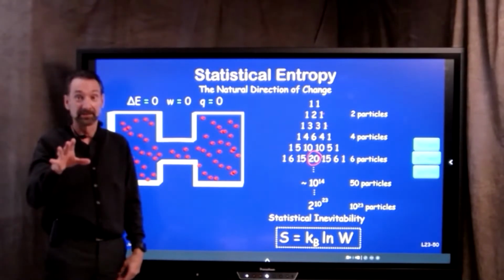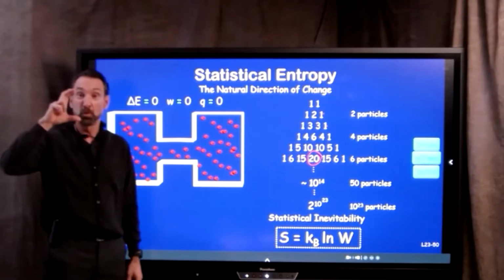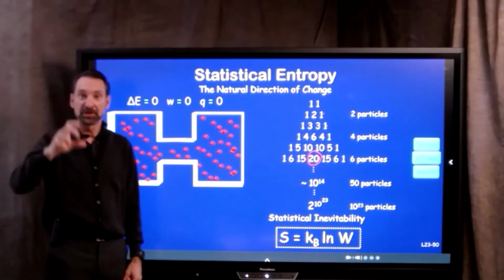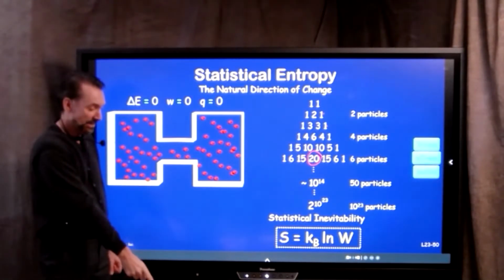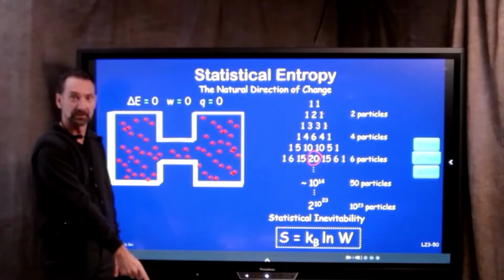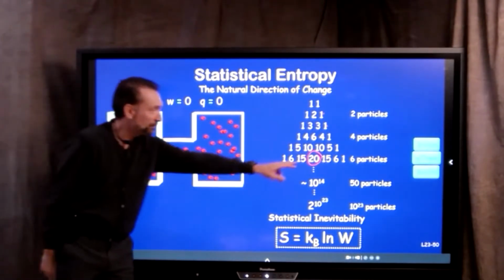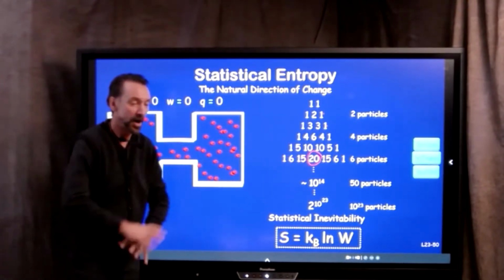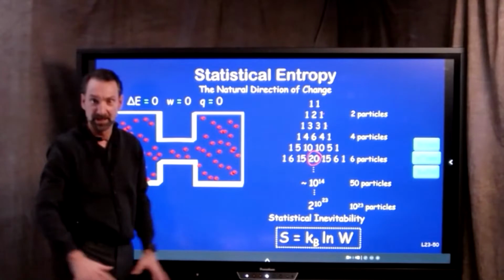Why is that? Well, there was one way to do this state, all packed up over here. But there's only one way to do that state on the ground. The reason this is a big number is this is a combination of all the ways it can be on the ground.